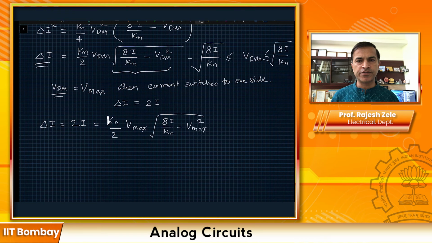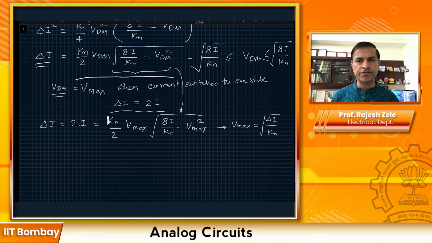We are applying differential voltage VDM, and when I apply VDM equal to Vmax, the current from one side switches completely to the other side, and one of the transistors will be turned off. When that happens, the current 2I will flow through one side, and delta I will be equal to 2I. So delta I is equal to 2I, and we substitute VDM equal to Vmax in the original equation, and that's what got us here. We are trying to figure out what the Vmax value is. If you solve this equation, you will see that Vmax is equal to 4I divided by Kn.